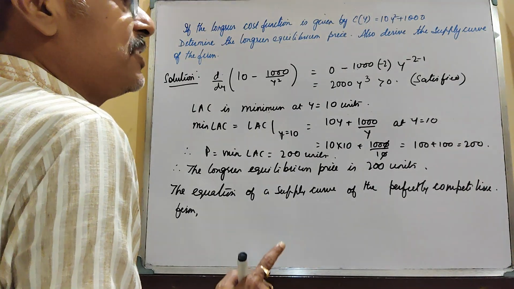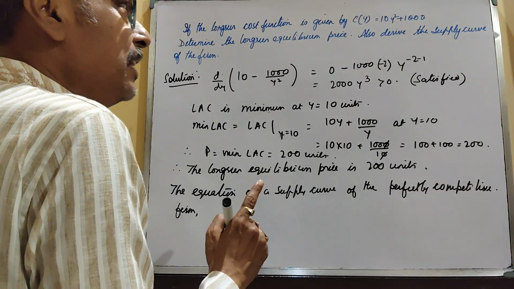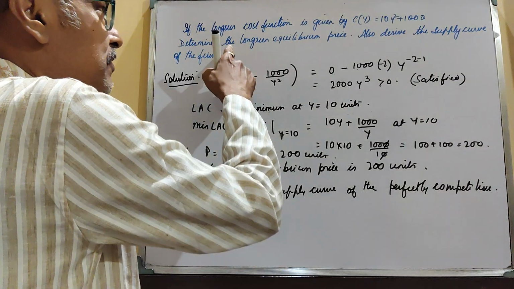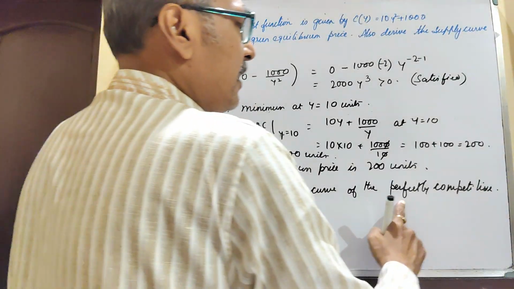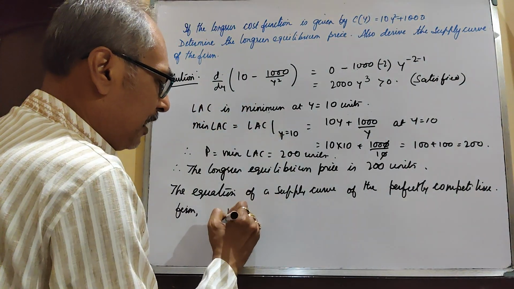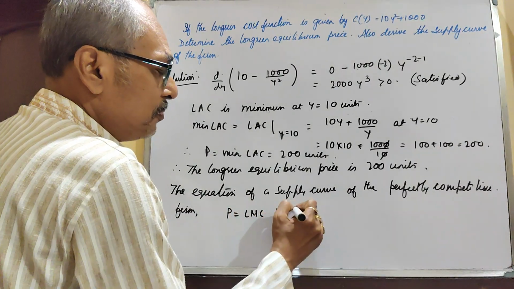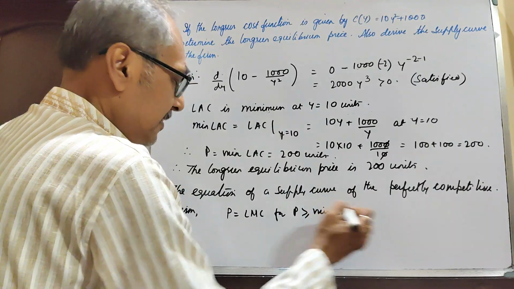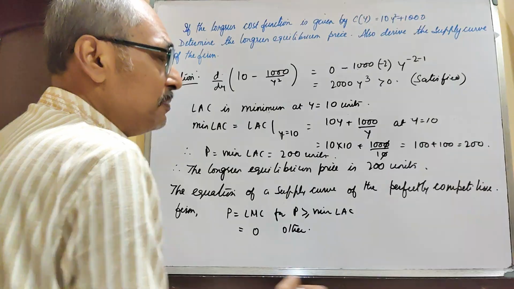Supply curve exists only under perfect competition. It is assumed that perfect competition exists for this question. The equation of the supply curve of the perfectly competitive firm is P equals LMC for P greater than or equal to minimum LAC, and 0 otherwise.